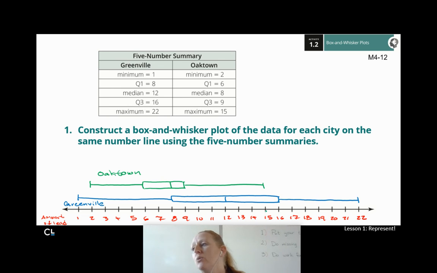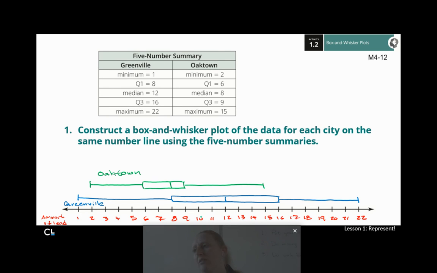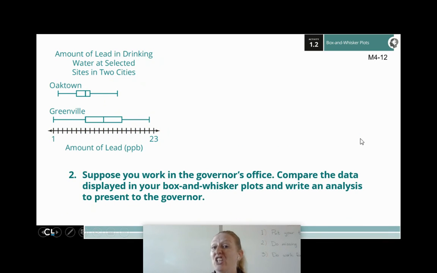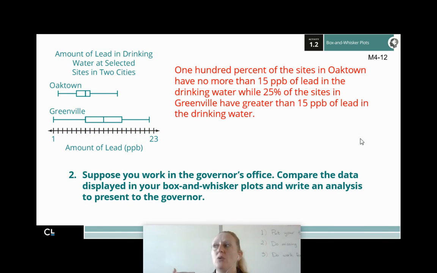I was a little more worried about Greenville because I can see that more than a quarter, remember how that whisker is a quarter of your data? That's 25% of your sites. More than 25% of my sites were over that 15. I felt like the governor should know that. So I said 100% of the sites in Oaktown had no more than 15 parts per billion of lead in the drinking water.